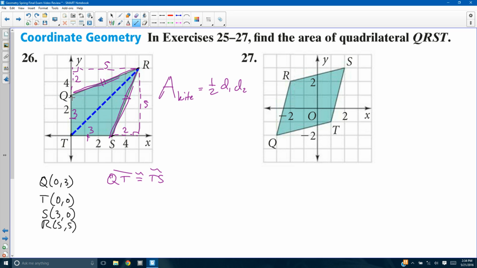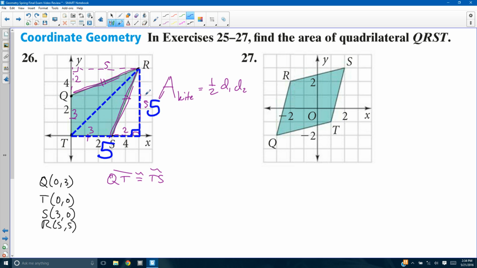We have to find this length here and this length here. Okay, actually that's not going to take as much work as I thought it would. I was thinking about Pythagorean theorem. Let's do these one at a time. If I find the length of TR right here, it's going to be the hypotenuse of a right triangle whose leg lengths are 5 and 5.